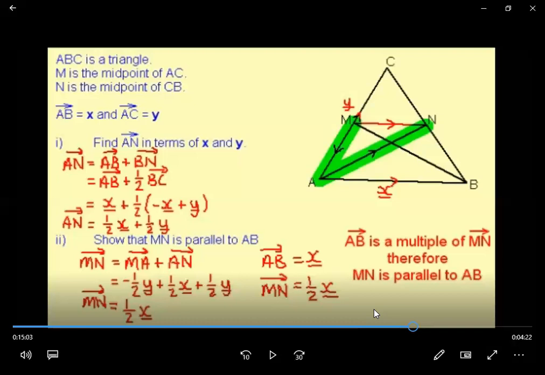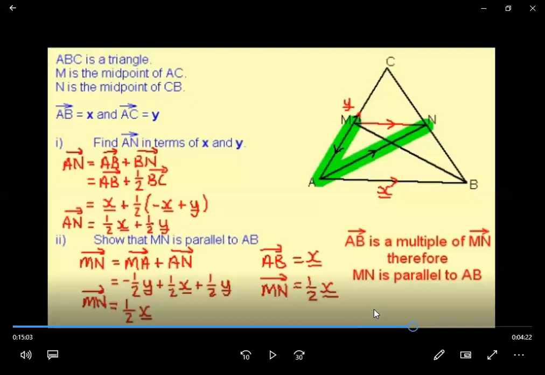The same rule that is applied to parallel vectors is applied to collinearity. Collinearity is stating to you that 3 given points are on the same line.